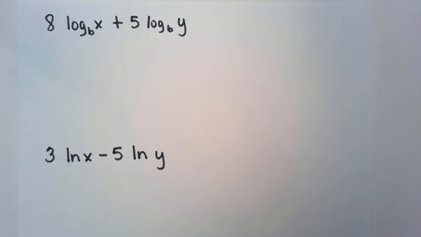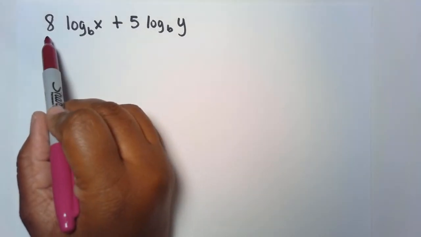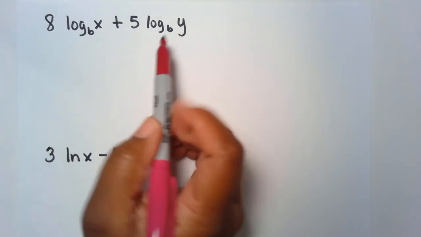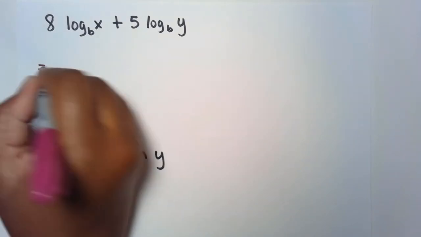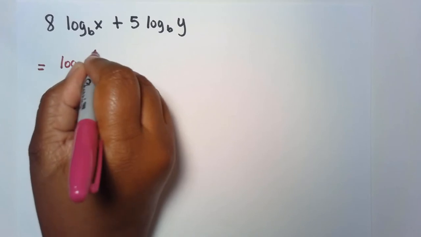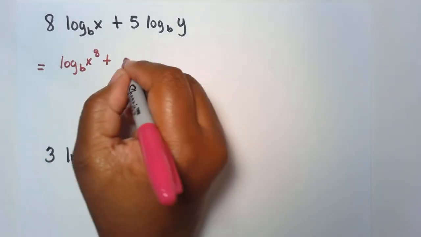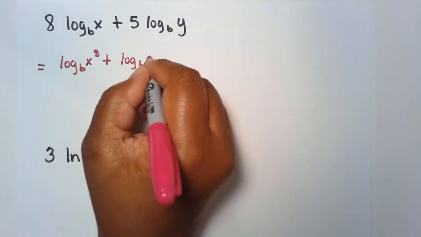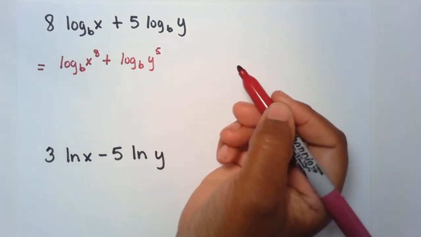All right, so the next example, 8 times log base b of x plus 5 times log base b of y. First, we're going to use the power rule because there is a number 8 and then there's a number 5 in front of each log. So let's write this as log base b of x to the 8th power plus log base b of y to the 5th.